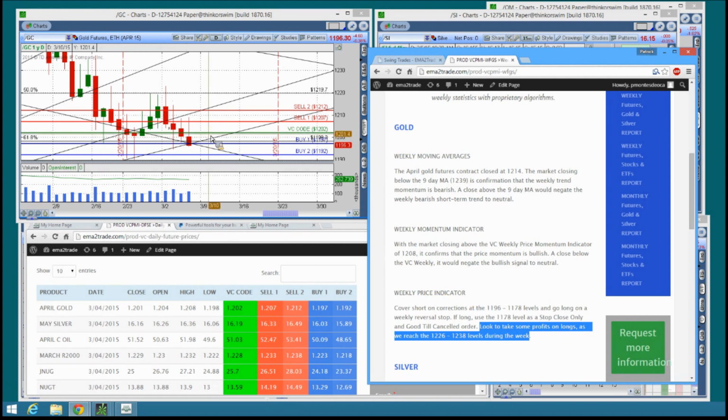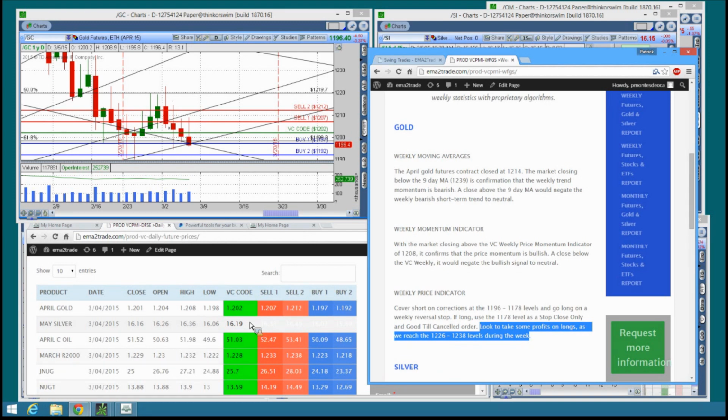On the chart on the left in gold here, these lines that you see are basically the daily algorithms. And the spreadsheet that you see below with the colored sections are the algorithms that our subscribers receive the night before for tomorrow's trading.